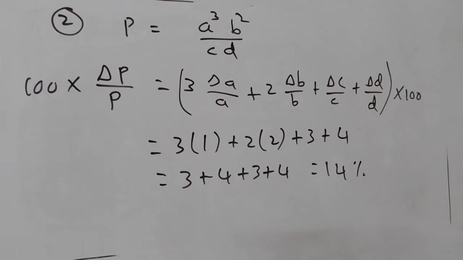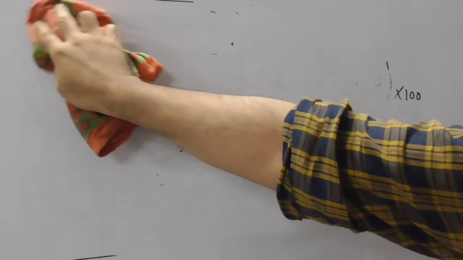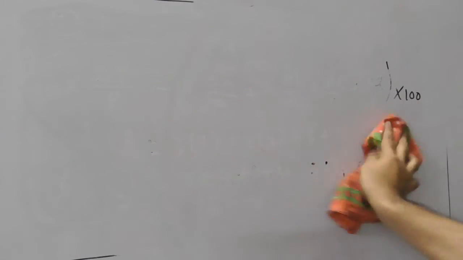Now move to question number 3. Question number 3 is also the same, the procedure is the same. So first write what the given values are according to the question.